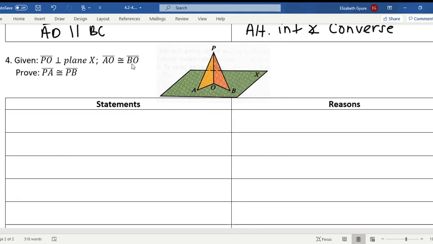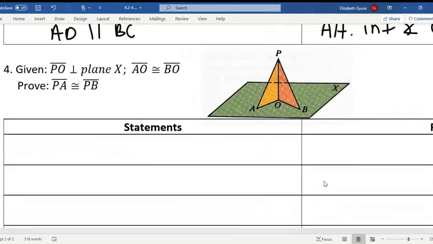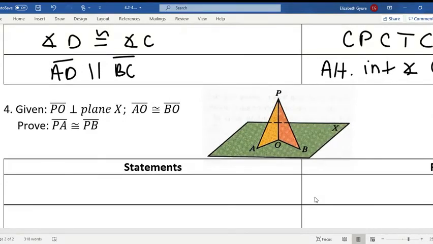So let's first figure out how we're going to do that, right? So let me zoom in on my diagram real quick. And by the way, this proof is on page 128 in your textbook, just a heads up. So segment PO is perpendicular to plane X. Now, we have a line perpendicular to a plane. Did we just write a definition for that?